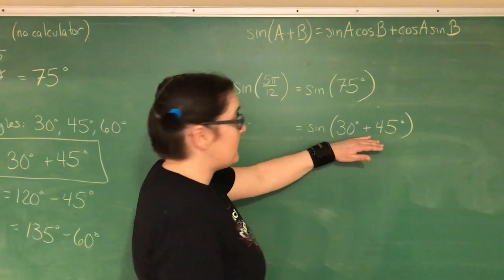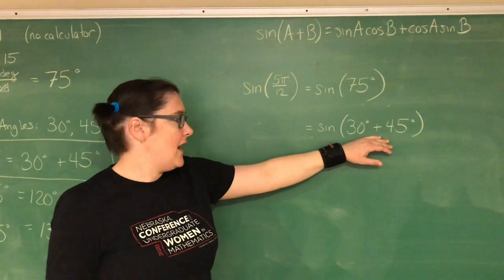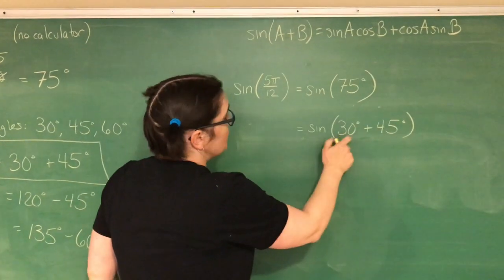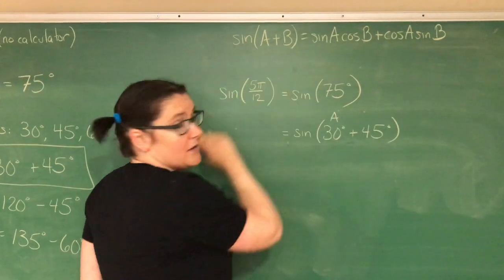Okay, so now I have the sine of two angles being added together. The 30 degrees is playing the role of A in the formula.